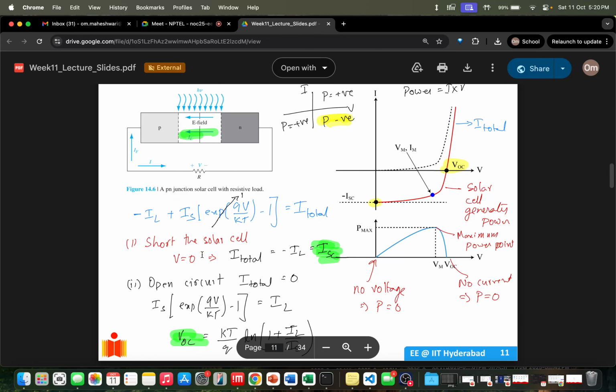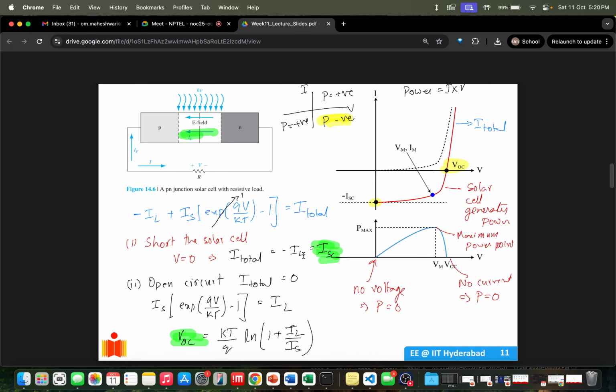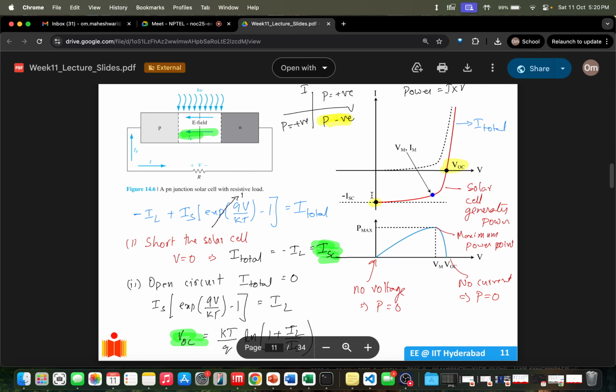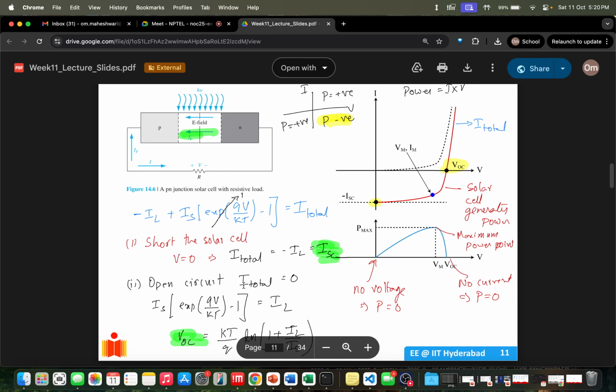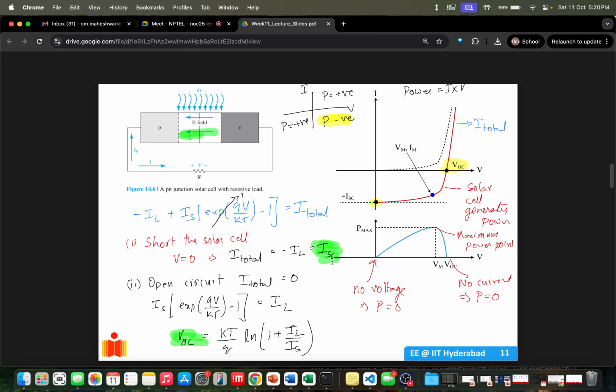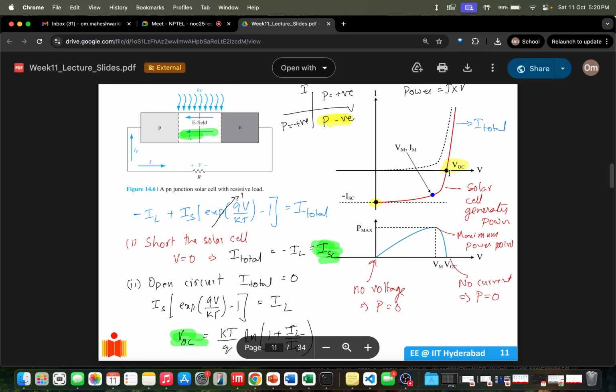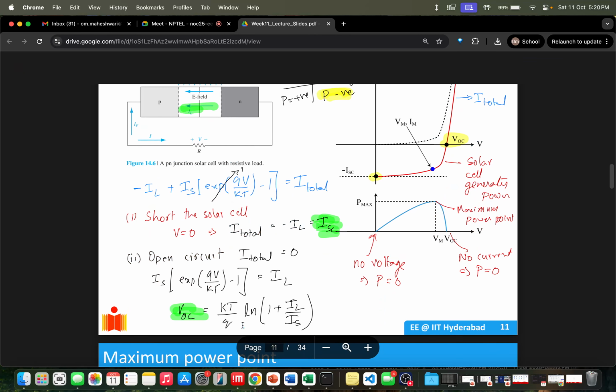When the solar cell is shorted, the I total is IL, which is ISC. That is when the potential is zero across the solar cell, and this current is ISC. And in open circuit, we have VOC. So VOC is kT by q times ln(1 plus IL by IS).